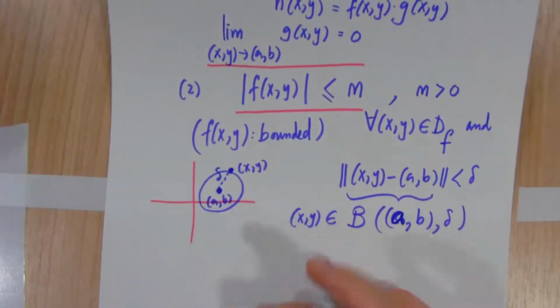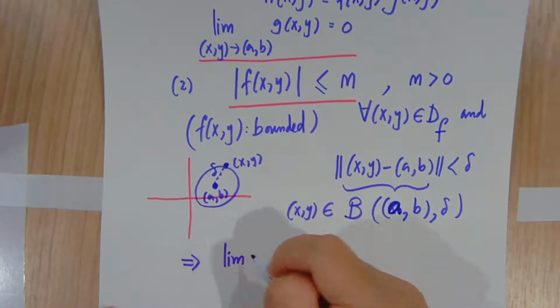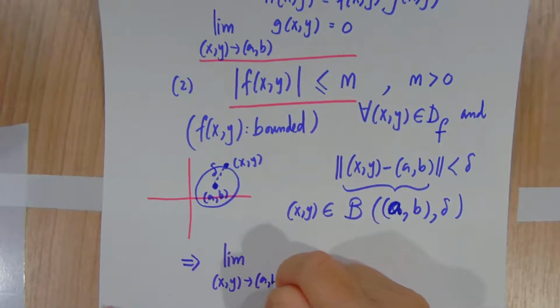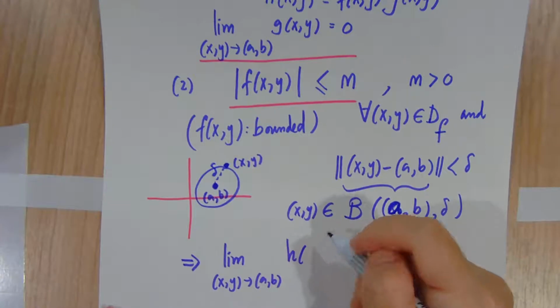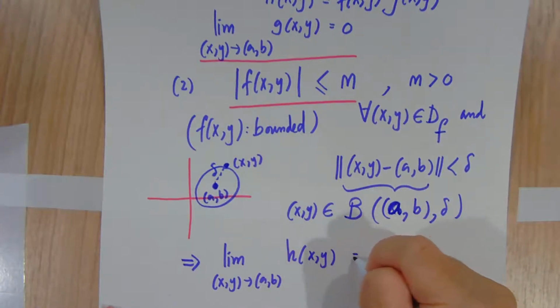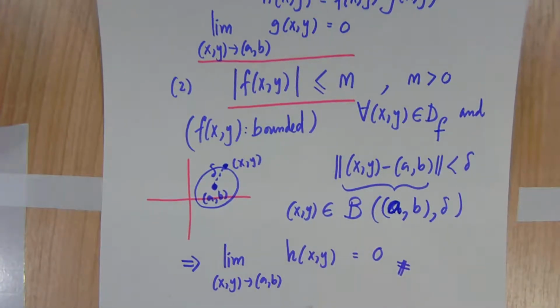then we can conclude that the limit of the function h, or the function f times function g, is also equal to 0. So this is just the theorem, okay?